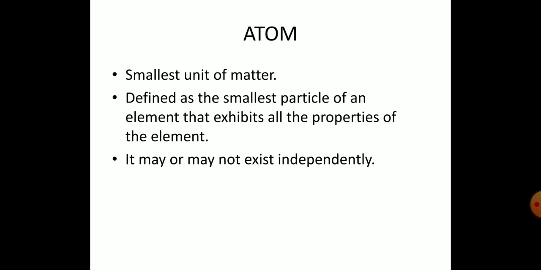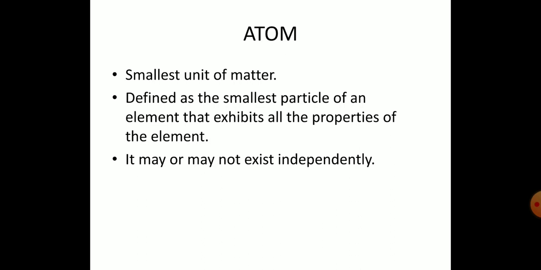That is how we have seen for a molecule. Similarly, the atom is the smallest unit of matter, defined as the smallest particle which exhibits the properties of the element. It may or may not exist independently. These are all the known factors about the atom.